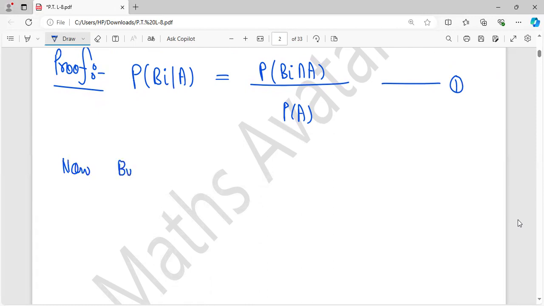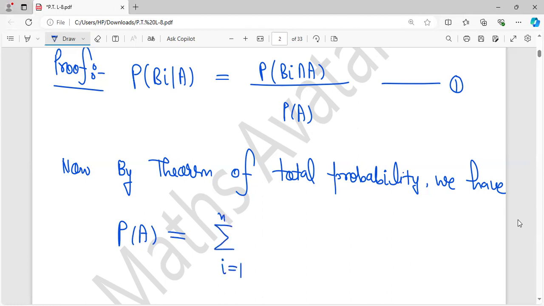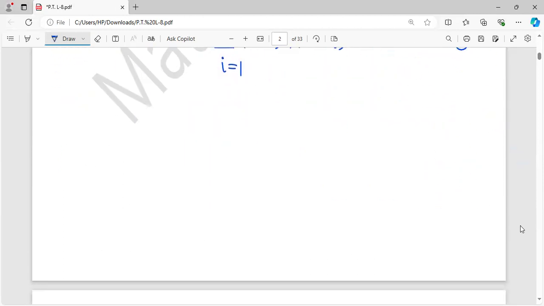Now, by theorem of total probability, we have P of A is equal to summation i goes from 1 to n of P of Bi into probability of A relative to Bi. Let's call this equation 2.